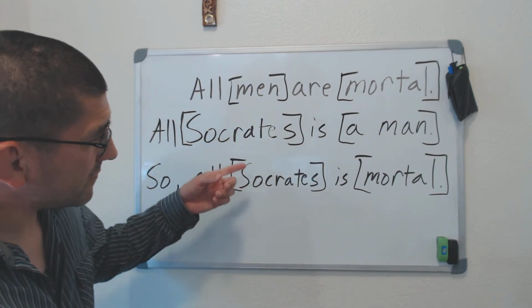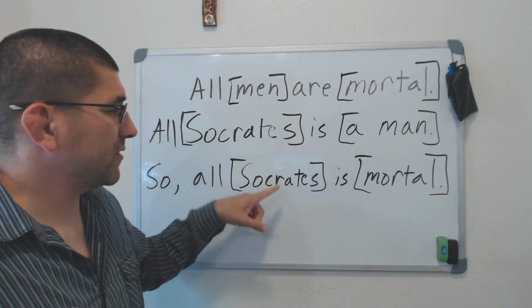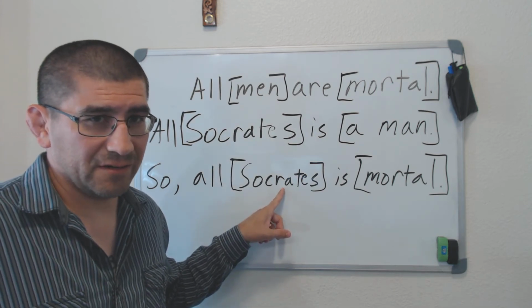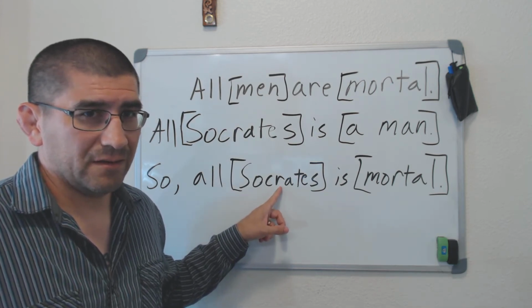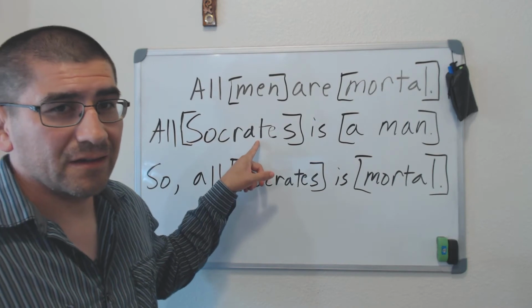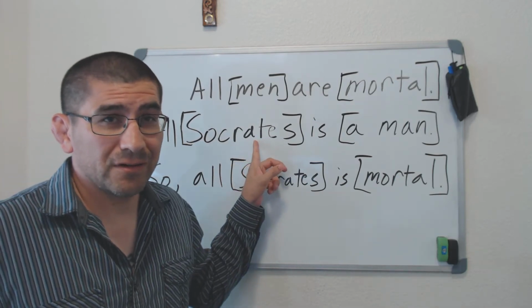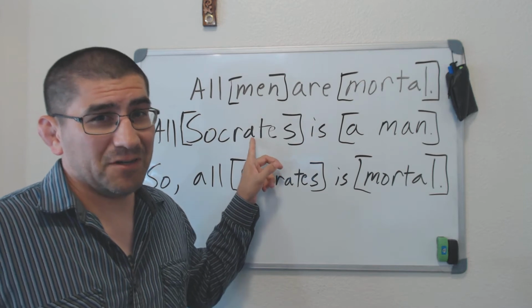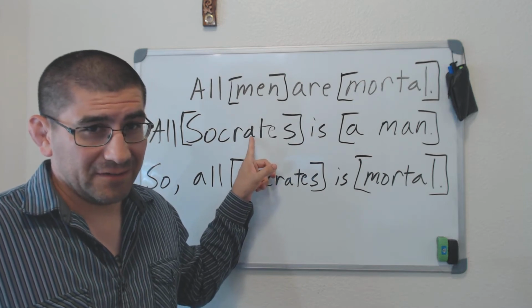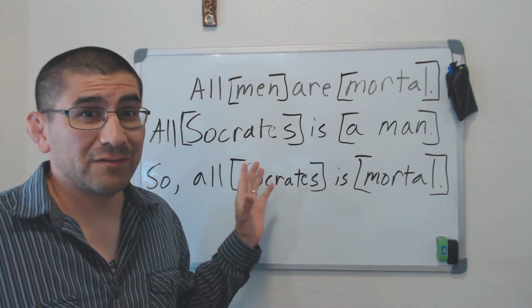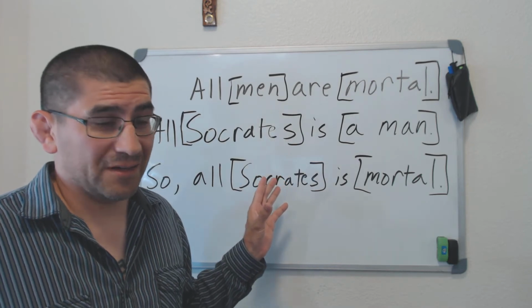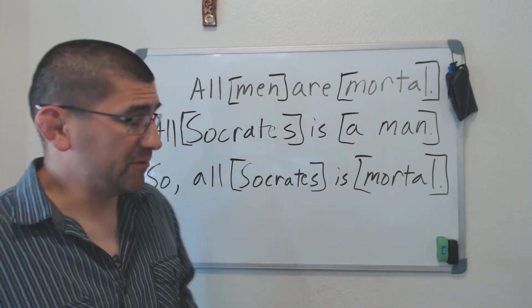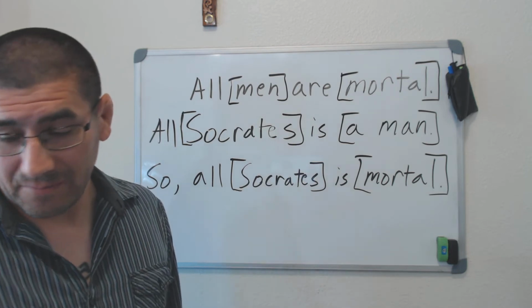Like if I was referring to Socrates the philosopher here, and then in this one I was referring to some other person that's alive today named Socrates. Okay, then that would be really four terms. Okay, because it would be two different people.